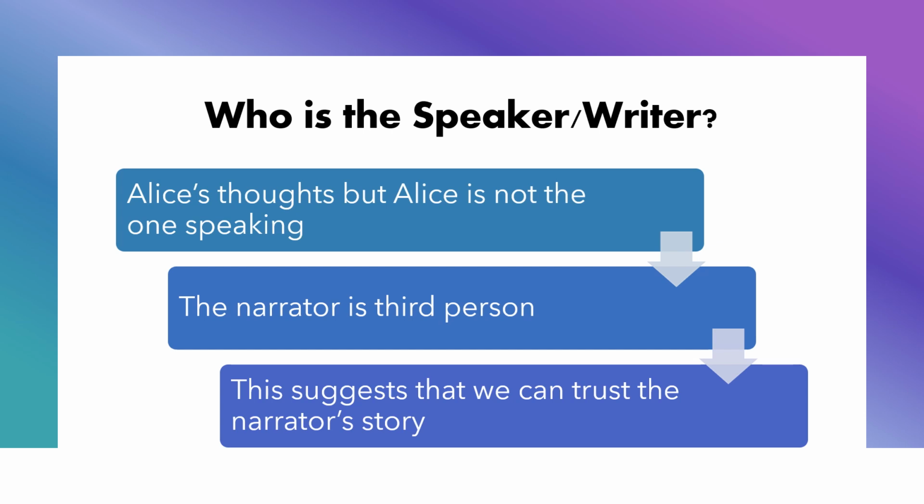And therefore, we can generally trust their statements, their observations about the characters, about the actions. If it were first person, we could be more wary because obviously it's subjective. Okay, so that's really the emphasis for the narrator, for the perspective of the narrator. Is it first person, second person, third person?